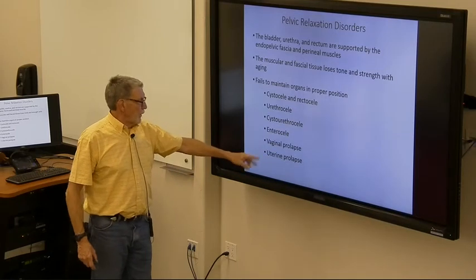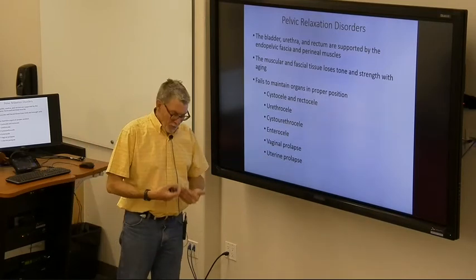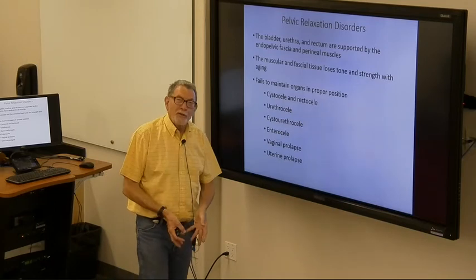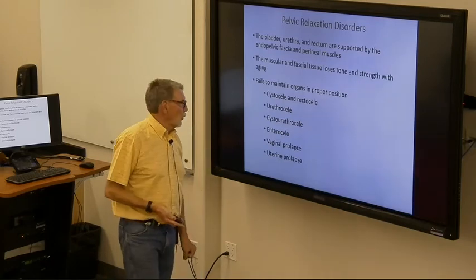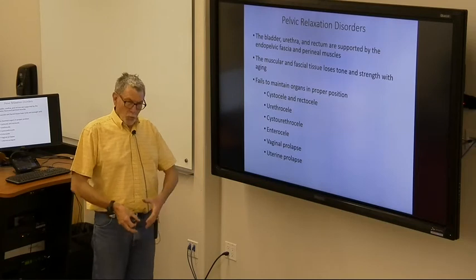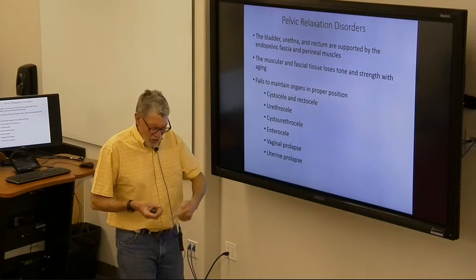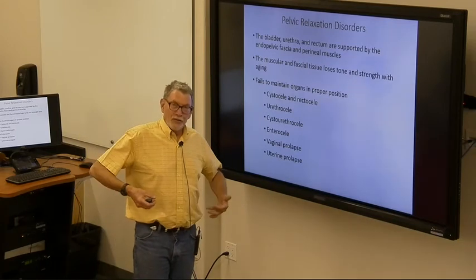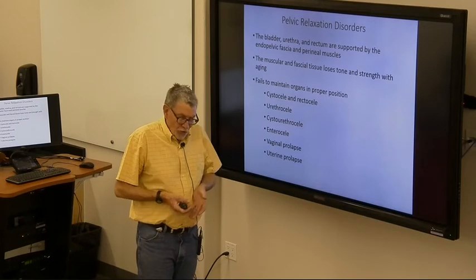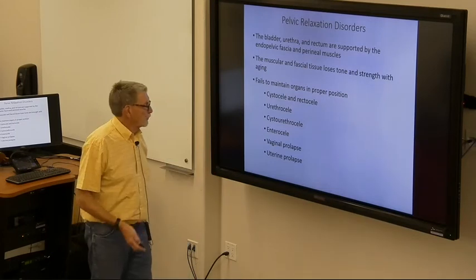Uterine prolapse, same thing. The vagina falling outward, the uterus can follow and actually come all the way out. They put it back in place and put a sling that's attached to some internal structures and hold it back in place.